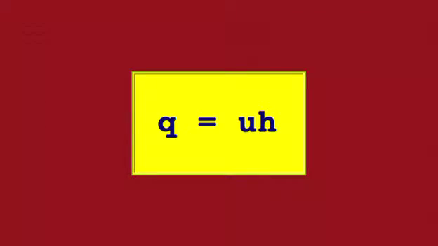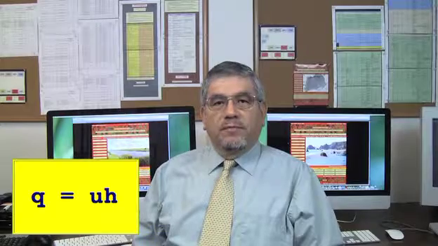The equation of water continuity is given, in which Q is equal discharge per unit of width, U is mean velocity, and H is flow depth. Since Q is equal to UH, the equation of conservation of mass, or equation of continuity, can be expressed as follows.